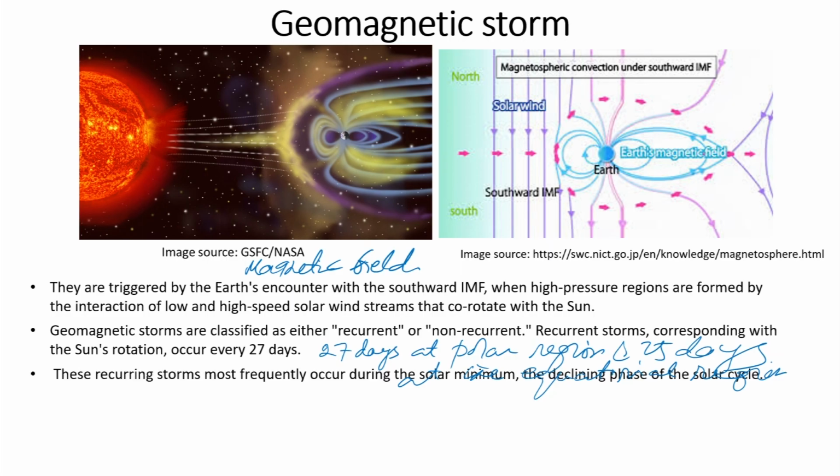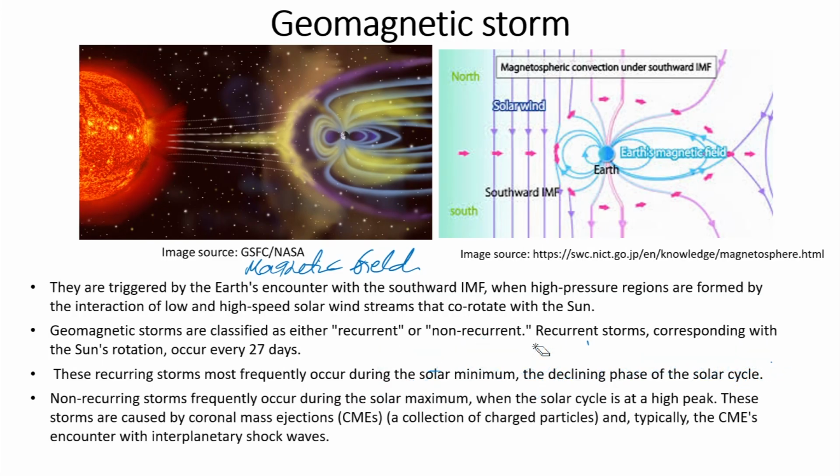These recurring storms most frequently occur during the solar minimum and the declining phase of the solar cycle. Non-recurring storms frequently occur during the solar maximum, when the solar cycle is at its peak, and these storms are caused by coronal mass ejections, CMEs. You already know that a CME is a collection of charged particles, and typically CMEs encounter interplanetary shock waves.